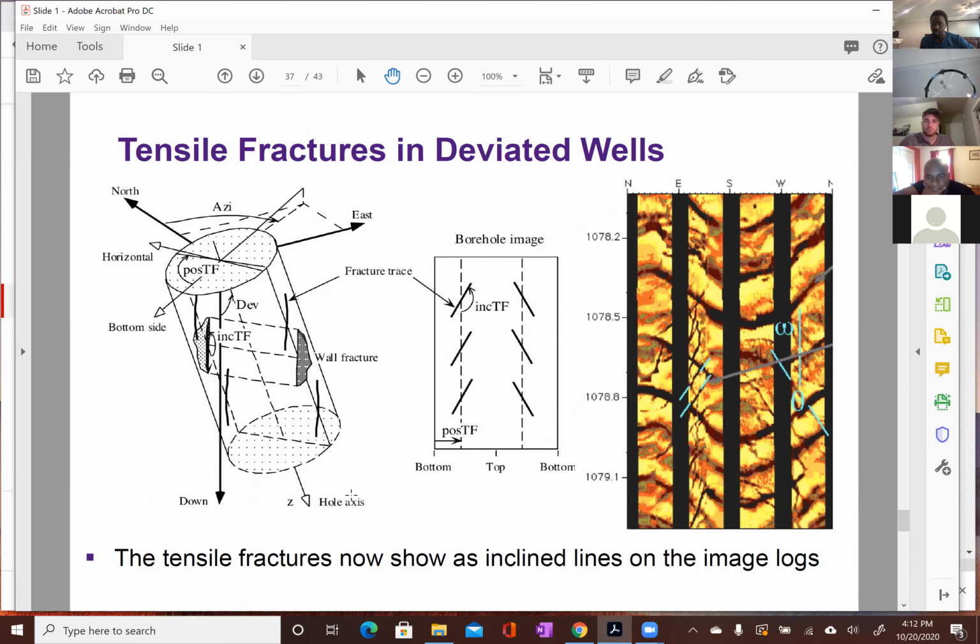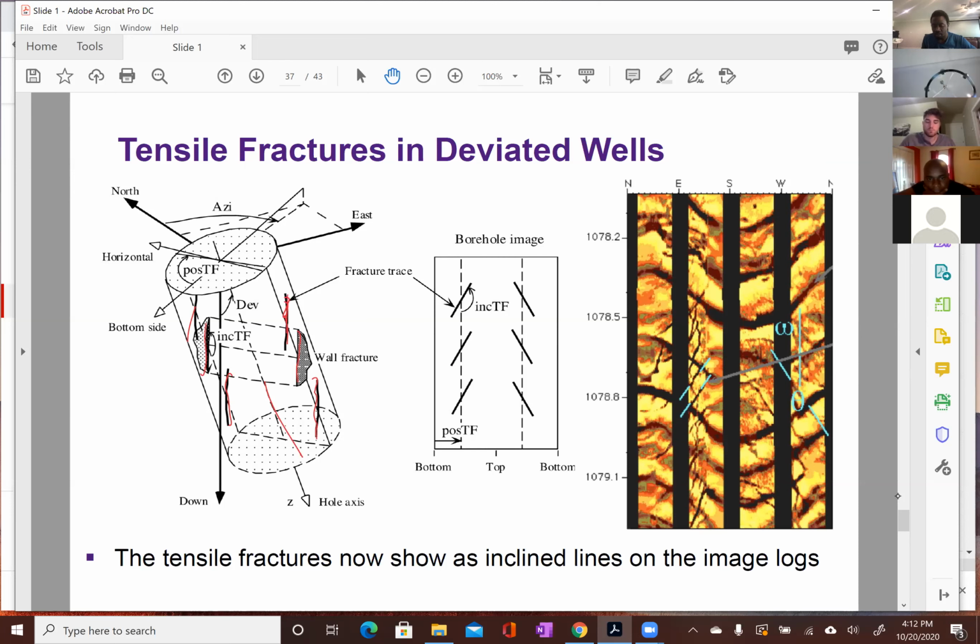The other point is what drilling-induced tensile fractures look like when your well is deviated like this. They still look almost vertical, right? And again, they're still localized, so they don't go very far away from the well bore.